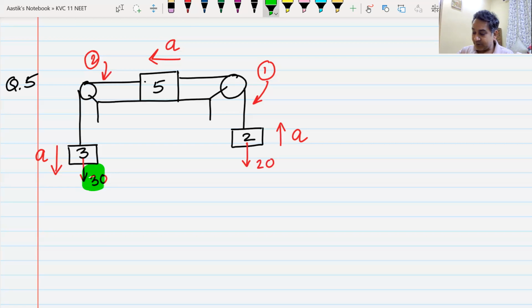This is 30 and this is 20. Who wins? That's why the block is moving on the left side. The 3 kg block is moving downwards because 30 newtons is more than 20 newtons on the other side.